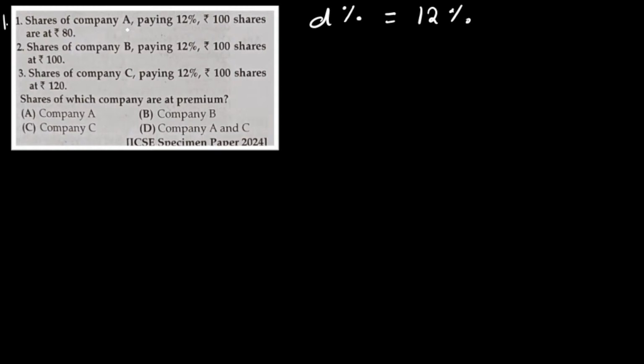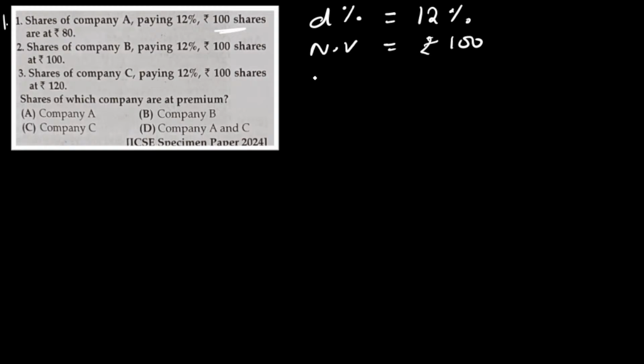So shares of company A paying 12% dividend, rupees 100 shares. Rupees 100 shares means what? With shares, the cost written is always the nominal value. The cost which is written with shares, that cost is nominal value. So in the first case nominal value is rupees 100.